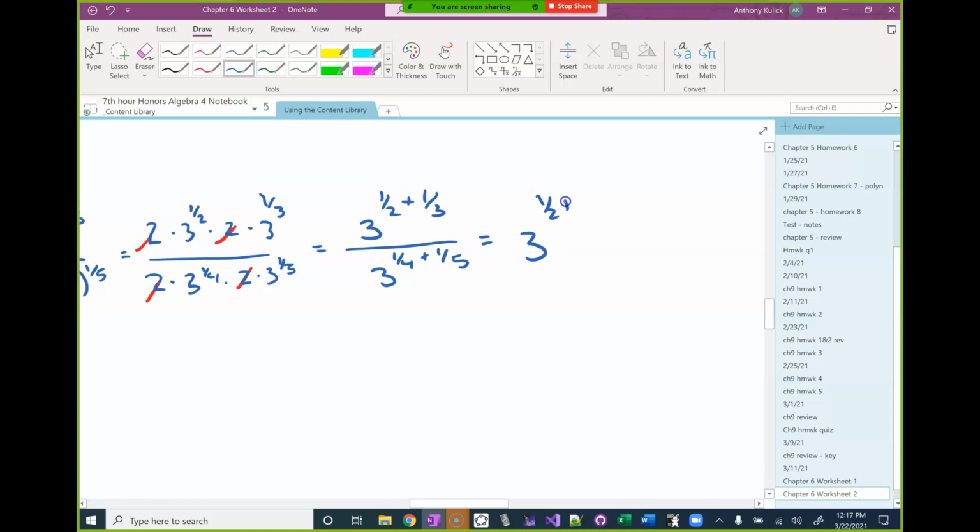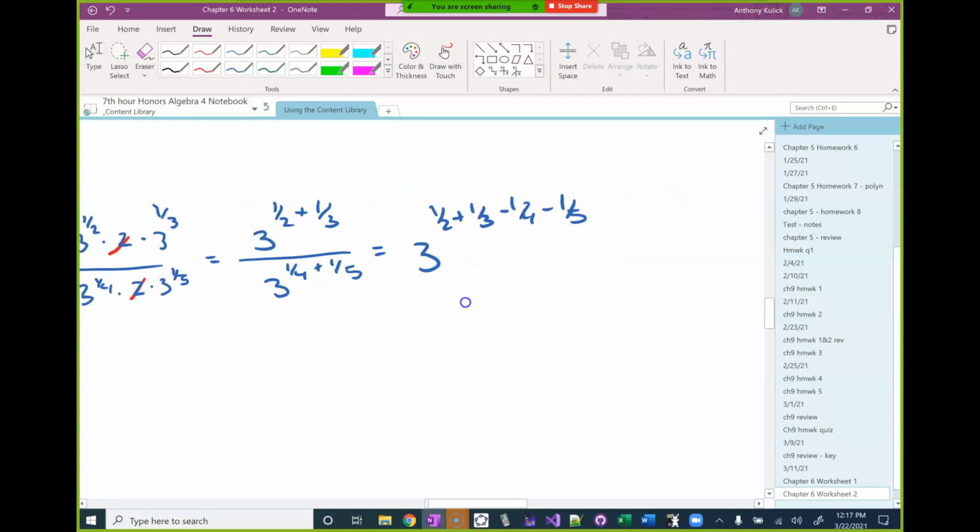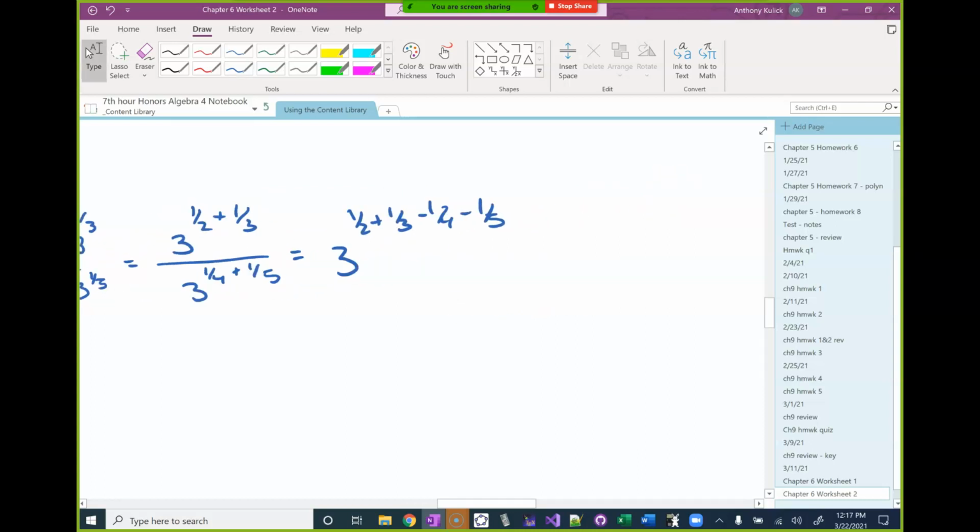And now I'm just going to make a common denominator. So I think the common denominator there would be 60. So I'm going to have 30 over 60 plus 20 over 60 minus 15 over 60 minus 12 over 60. Well, because they were in the denominator, right?